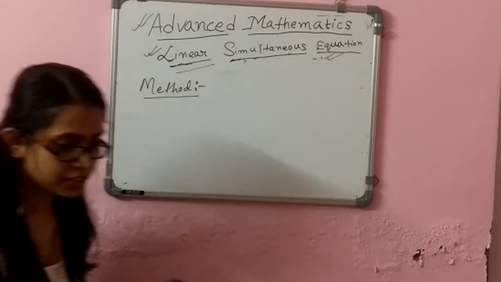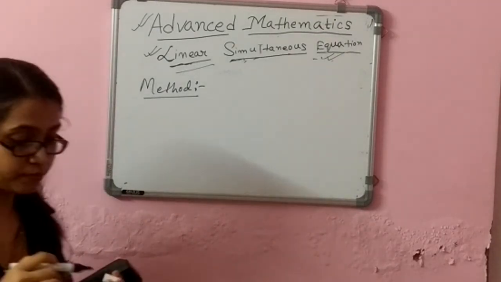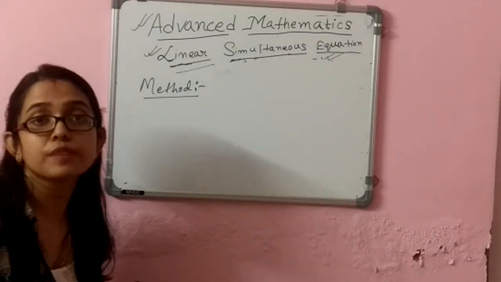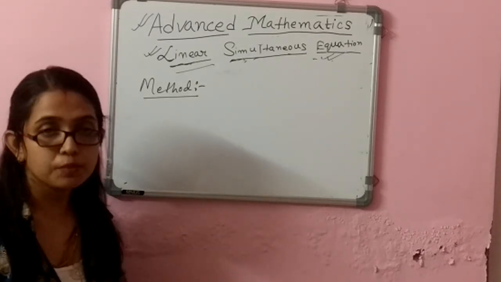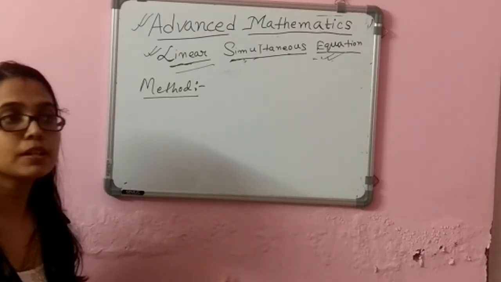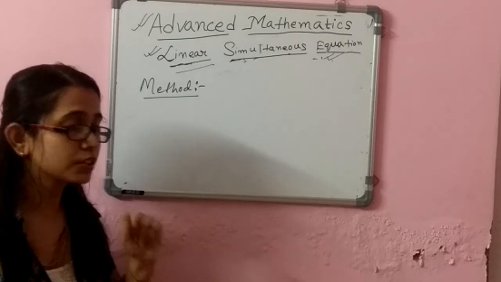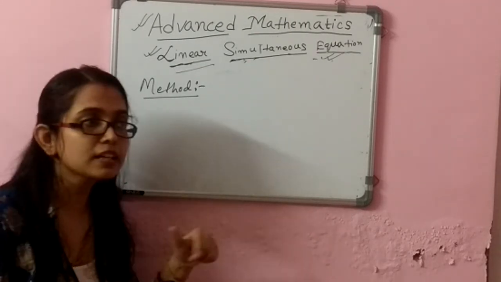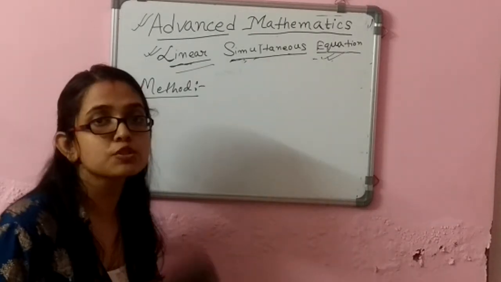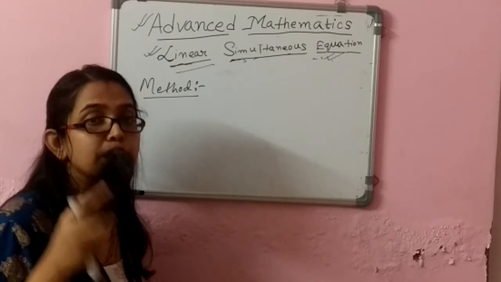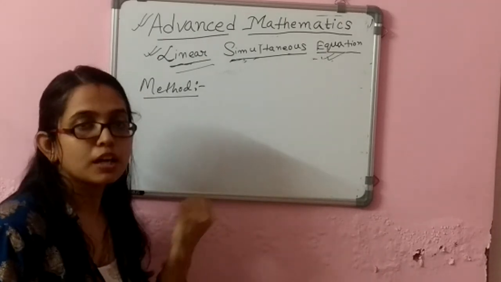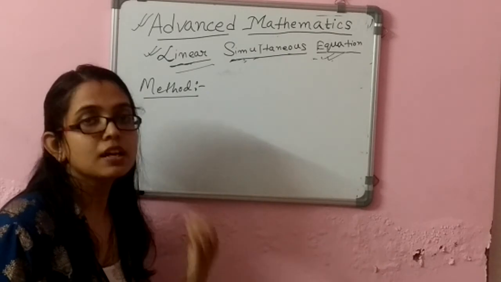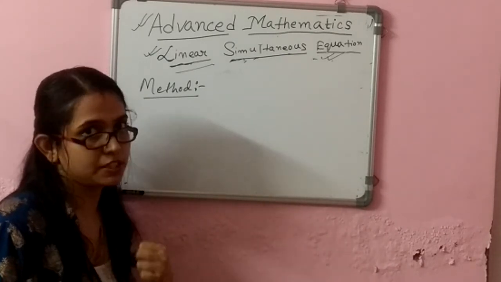Linear simultaneous equation can be of two types, one variable, two variable. One variable has one unknown and one equation. Linear simultaneous equation means two unknowns, two variables. And to solve that kind of equation, we require four methods: comparison, substitution, elimination, cross multiplication.